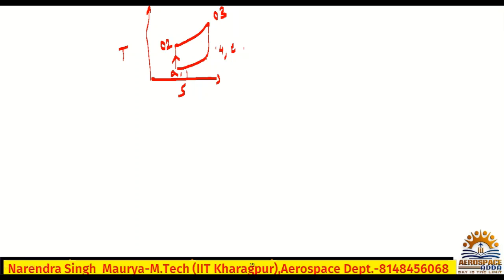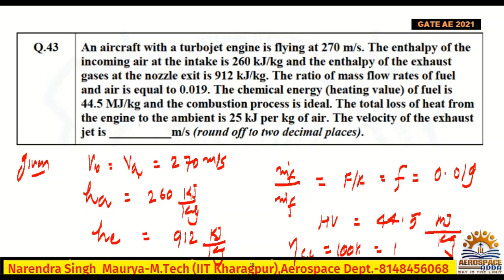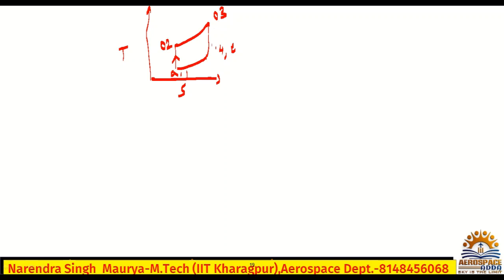Now we'll write this. Whatever loss they are mentioning, the total loss of heat from the engine to the ambient is 25 kilojoule per kg of air. So the engine means we have the turbine inlet temperature here.